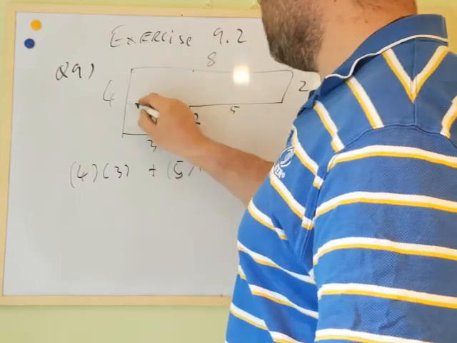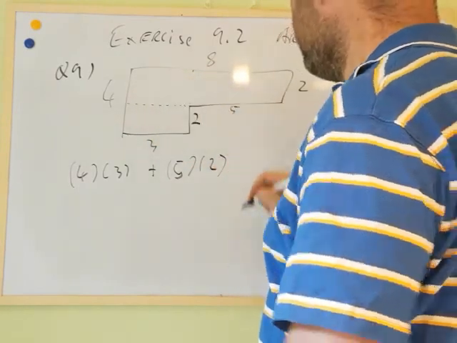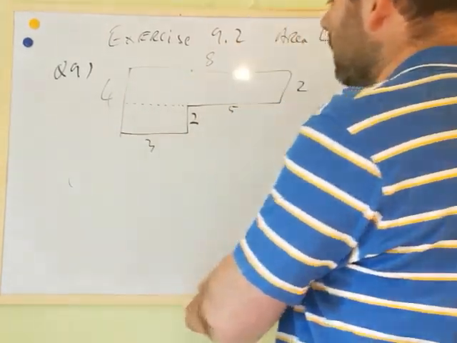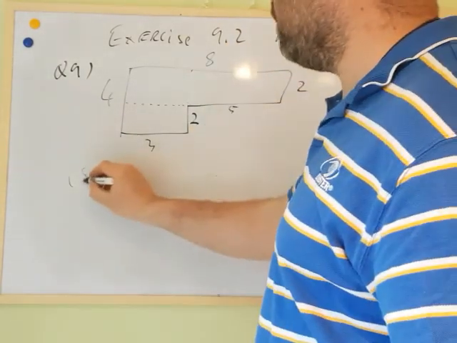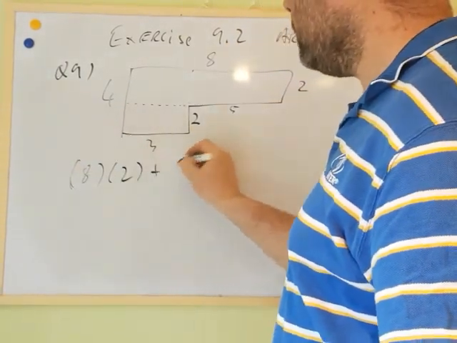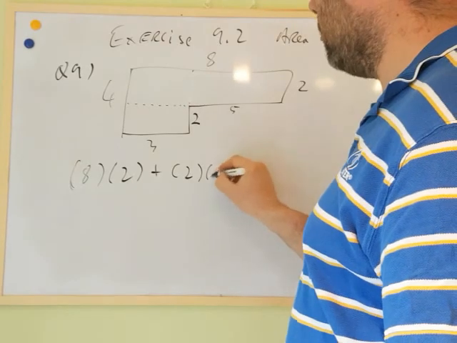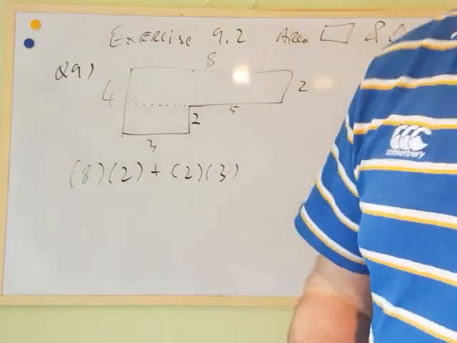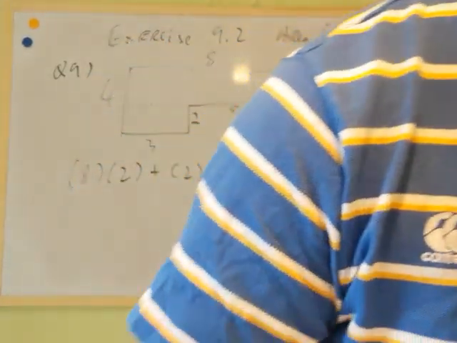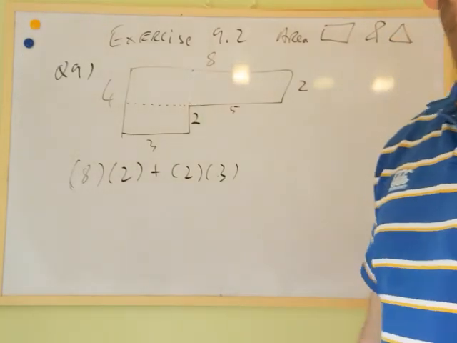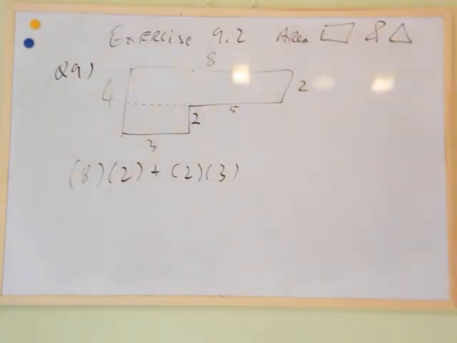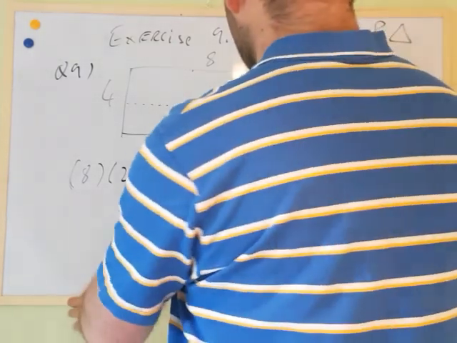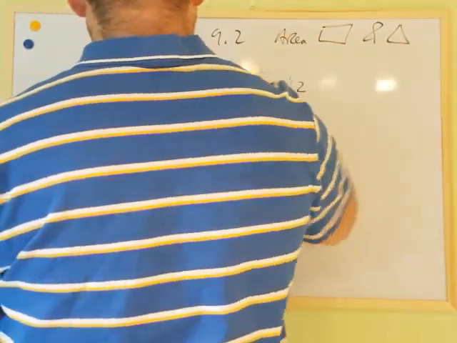Otherwise, I could have also done this. If I draw the line here, it would have been 8 by 2 plus 2 by 3. Okay? And question 10 is the exact same. Question 11 is the exact same. Okay? You're dividing up your shapes.